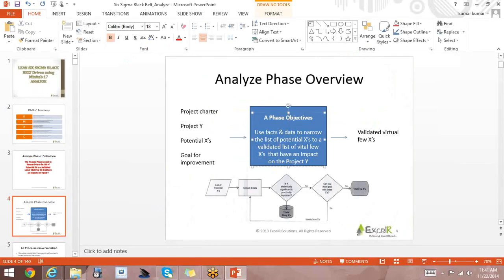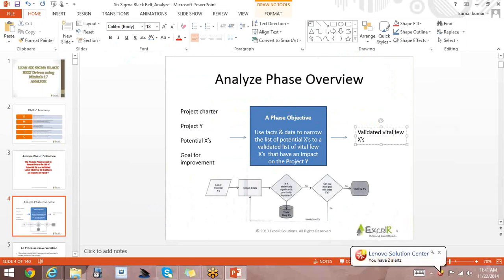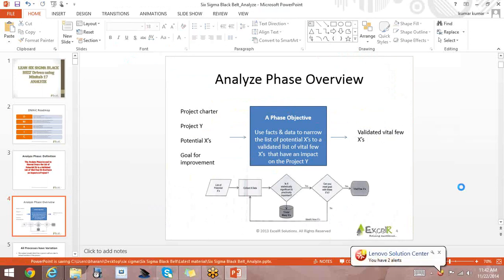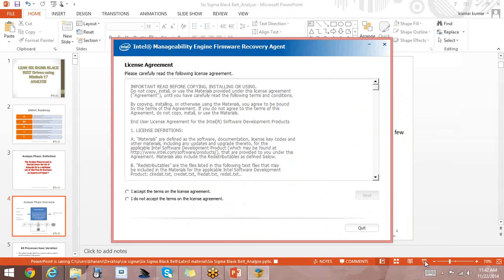There is only one objective, and this is the vital few. Vital few inputs is what we are going to get. The same thing is depicted even in the diagram which is shown at the bottom.